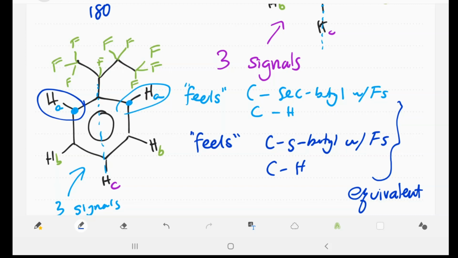All right, so when we're looking at these, it's all a matter of determining symmetry, if there is some, or you can think about what they see or feel. And if they're feeling the same thing as each other, then they will line up in the same place. They will be chemically equivalent to each other in terms of NMR.